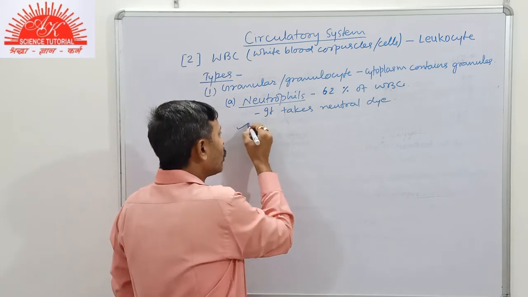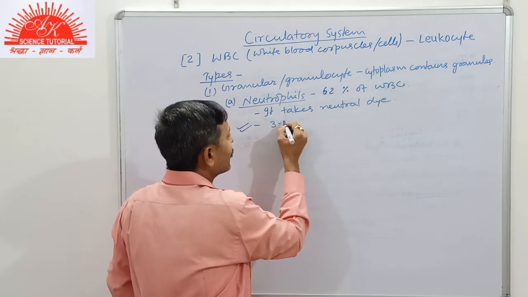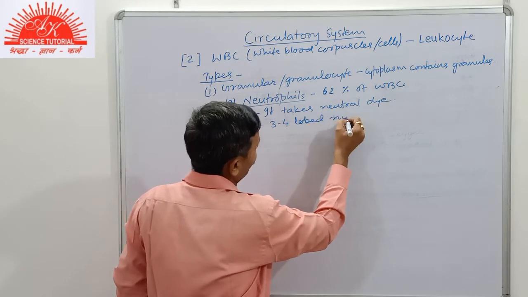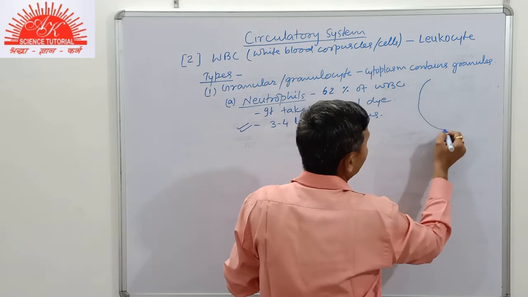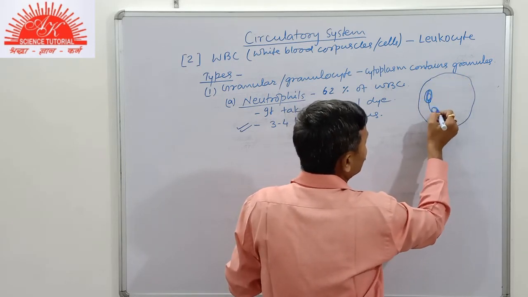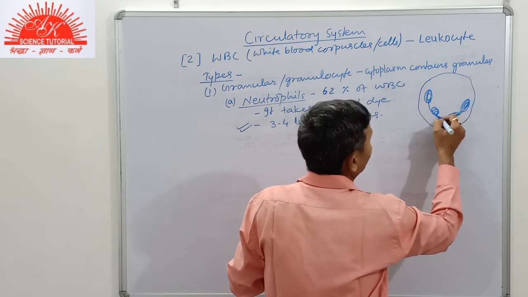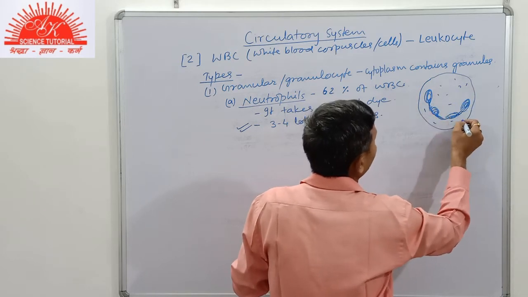Now, the most important point in neutrophil is that it has 3 to 4 lobed nucleus. Suppose here is the WBC, then what is the lobed nucleus? This is the lobe, narrow stripe, and then again lobes, and then this is the cytoplasmic part.